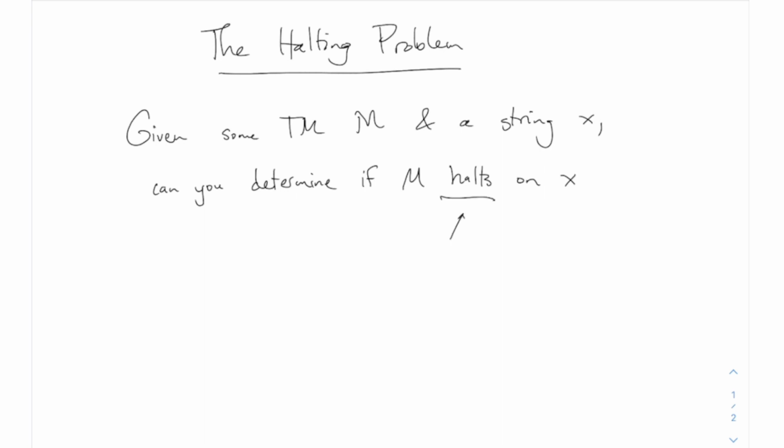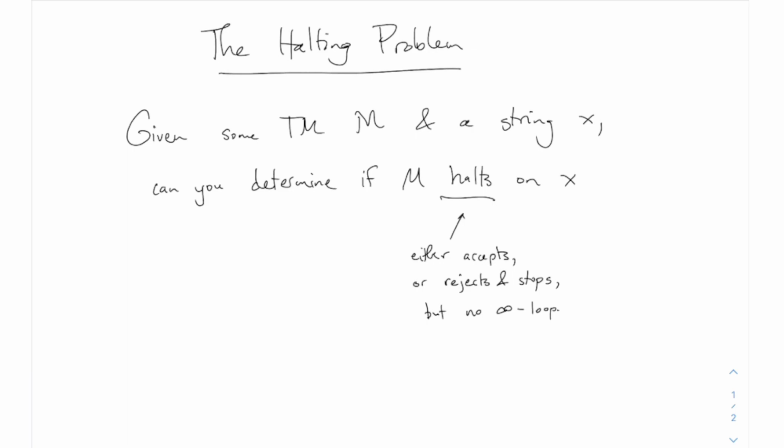And by halts, I mean either accepts and stops, the machine stops after it accepts the string, or rejects and stops, but no infinite loop, right? That's what is meant by halt. Can you determine if the machine will halt with that particular input? This general question is called the halting problem.